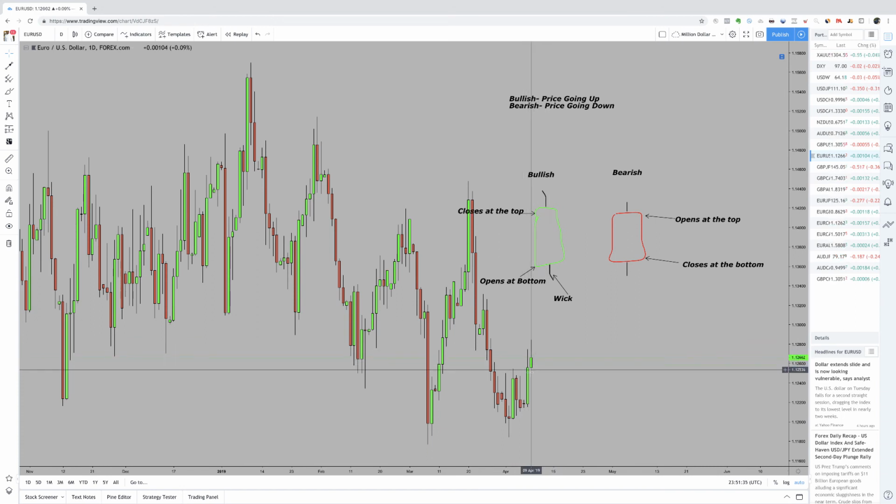This just shows that during this daily time frame, at one point in time, price did extend up and go higher, but price did not close up here. Price closed right here. So the wick just represents where price went during this given time frame, but it did not close.